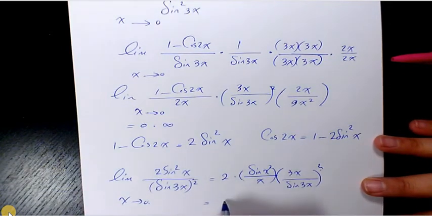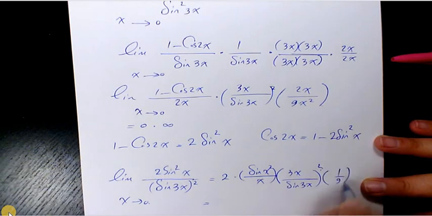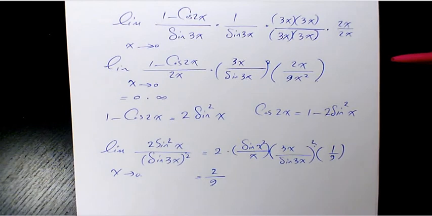Then we need to just write 1 over 9 here as well, so the answer is going to be 2 over 9.